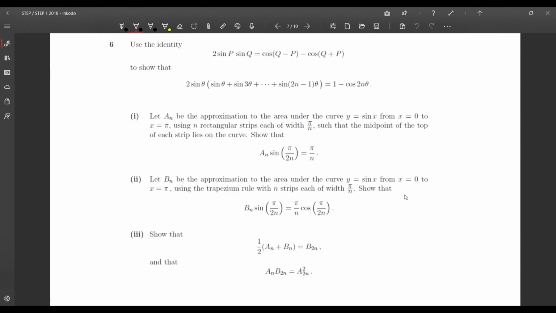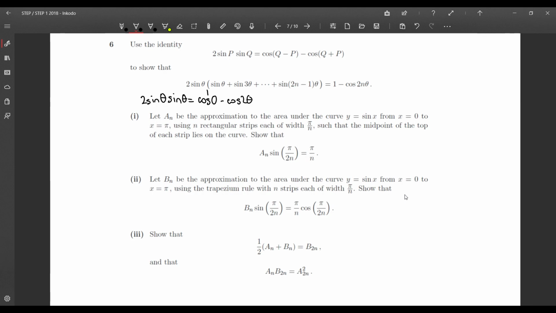Okay, use the identity to show that. Okay, so this is kind of a classical telescoping sum, right? So 2 sine theta is going to be cosine 0 minus cosine 2 theta, right?